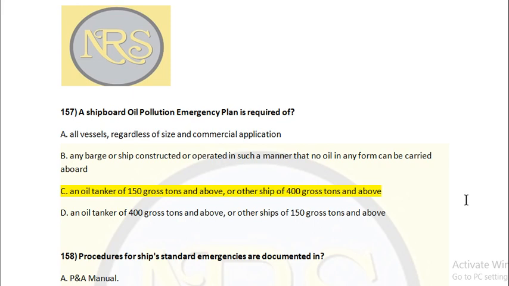Option C, an oil tanker of 150 gross tons and above, or other ships of 400 gross tons and above. Option D, an oil tanker of 400 gross tons and above, or other ships of 150 gross tons and above. The correct answer is option C, an oil tanker of 150 GT and above, and other ships of 400 GT and above.